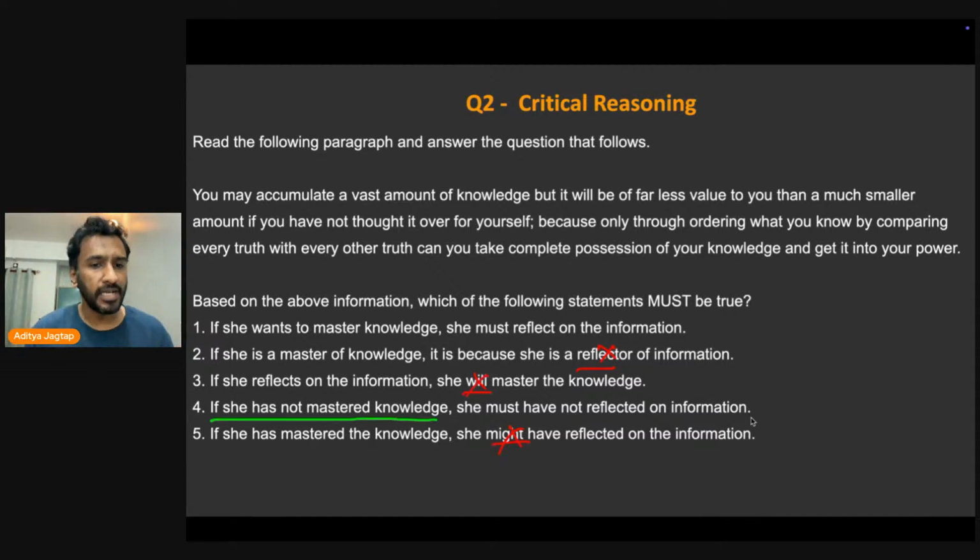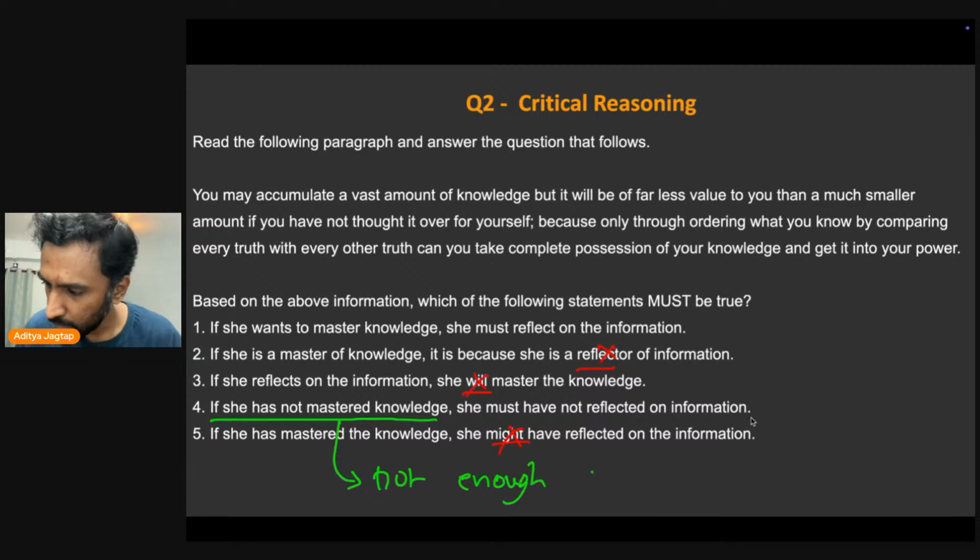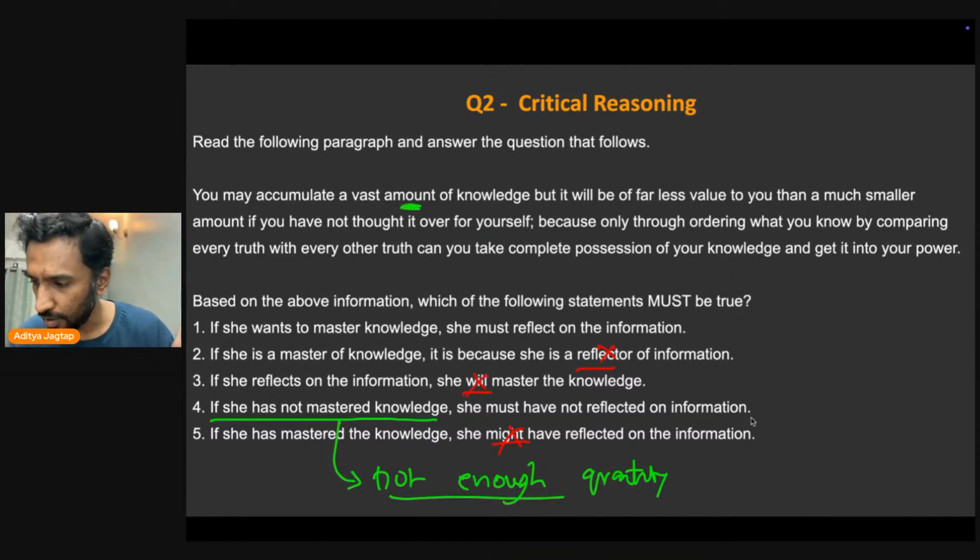if she has not mastered knowledge, it could have multiple reasons. For example, it could be not enough quantity, right? You need to accumulate some amount of knowledge. So maybe there's not enough quantity. So she must not have enough quantity could also be true in this case.